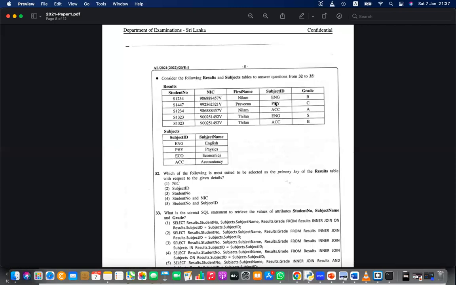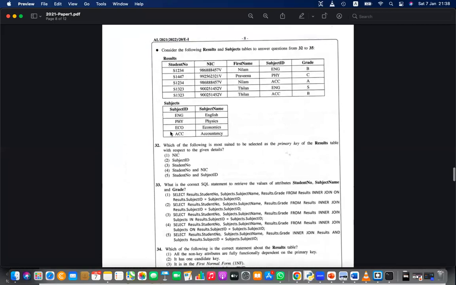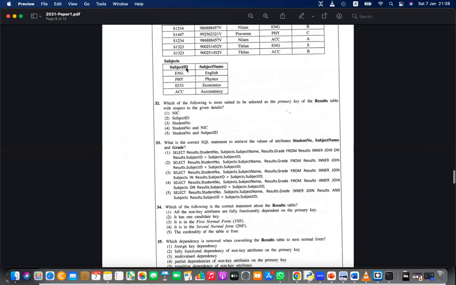Yeah, for this one, probably. But there are partial dependencies also, because some attributes are dependent on part of the primary key. For example, NIC depends on student number. It is a partial dependency. So there are partial dependencies too.